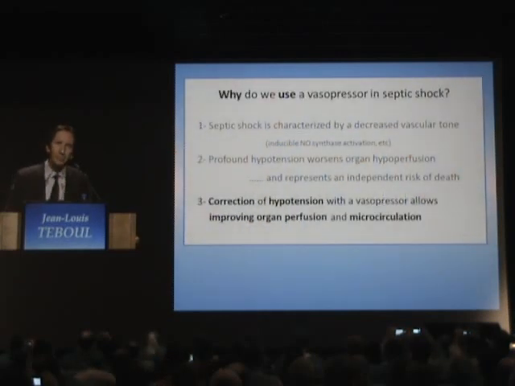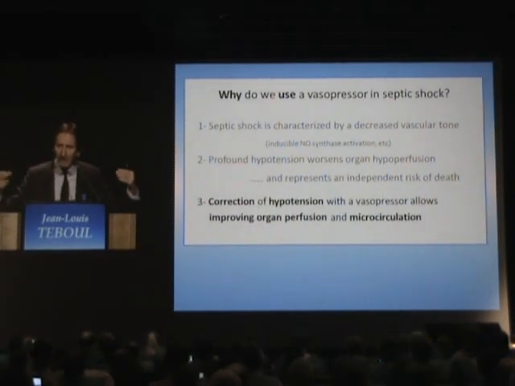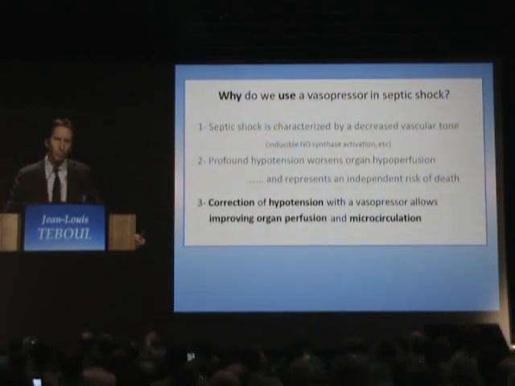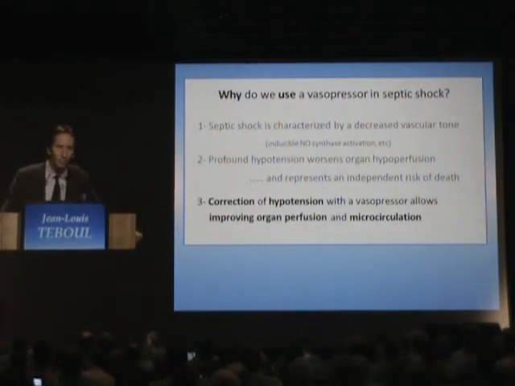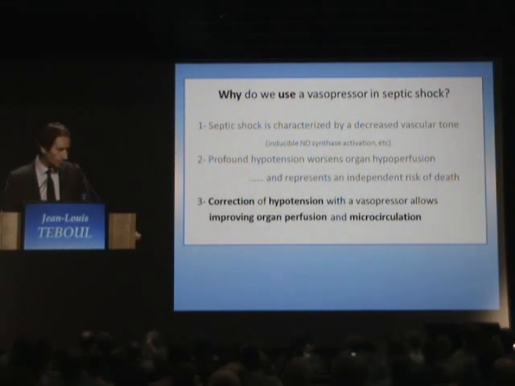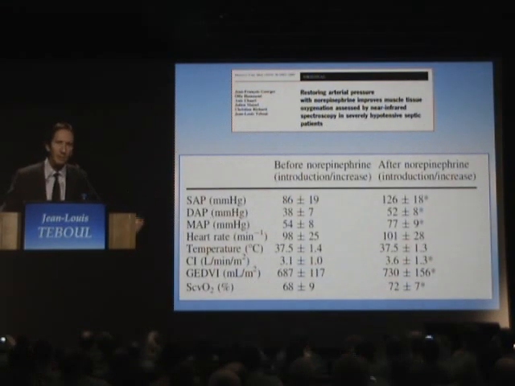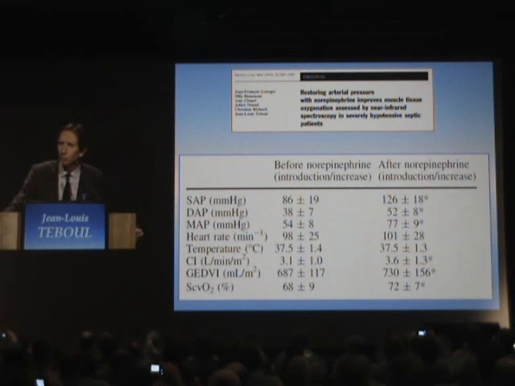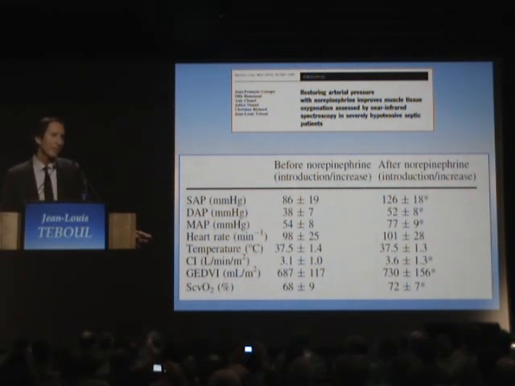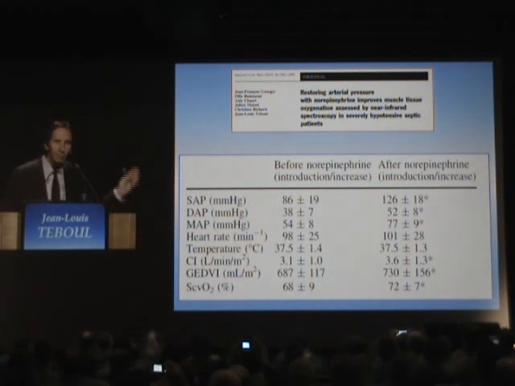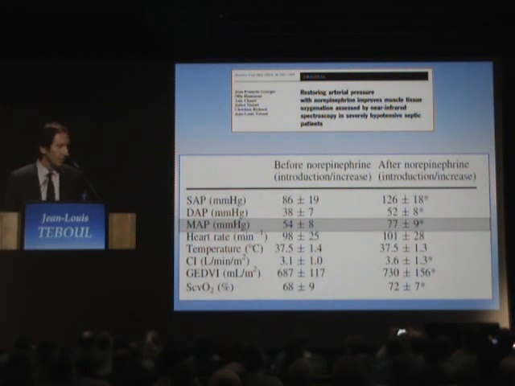And we also know that correcting severe hypotension may also improve microcirculation. This is one study we did in our group with Jean-François Georget in the past, and we gave norepinephrine to septic shock patients with a low baseline value of mean arterial pressure, 54 on average. And mean arterial pressure went up to 77 on average.